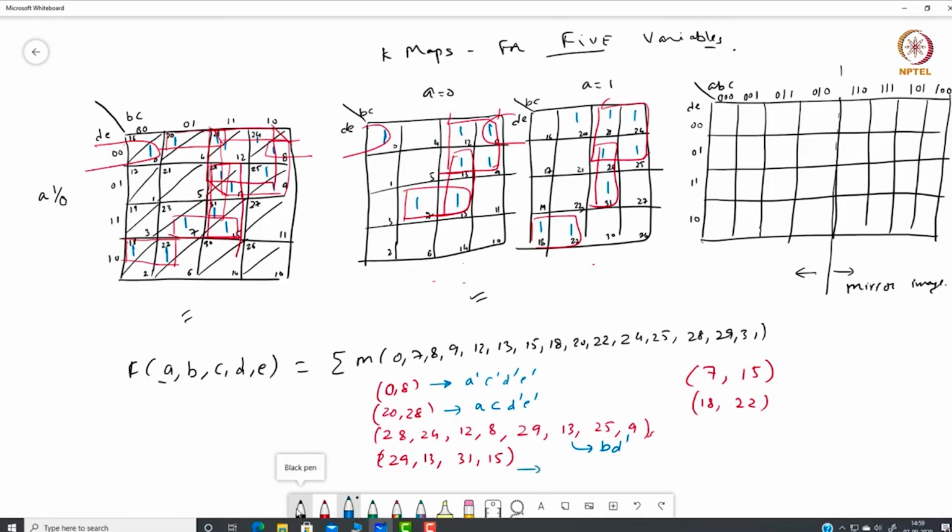For 29, 31, 13, 31 and 15, that means this particular cube, A is a variant part.